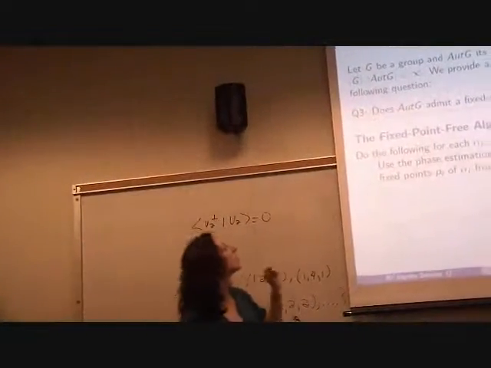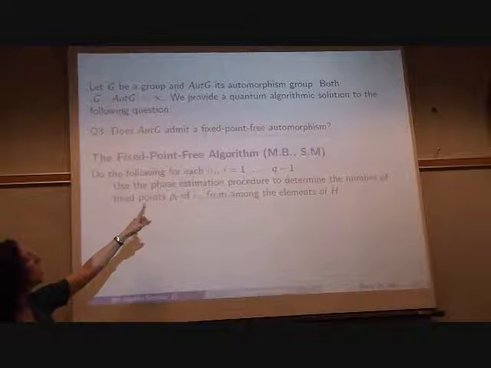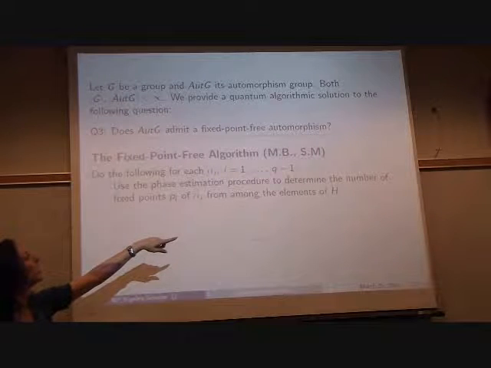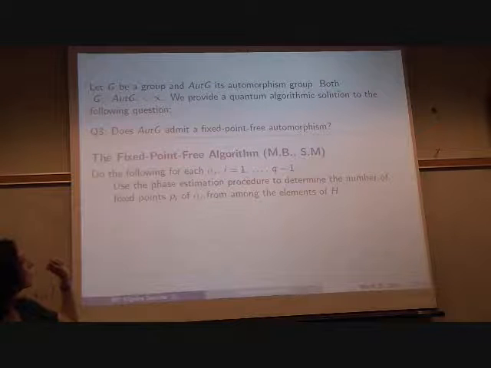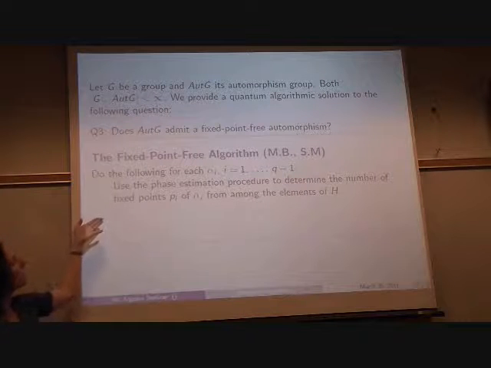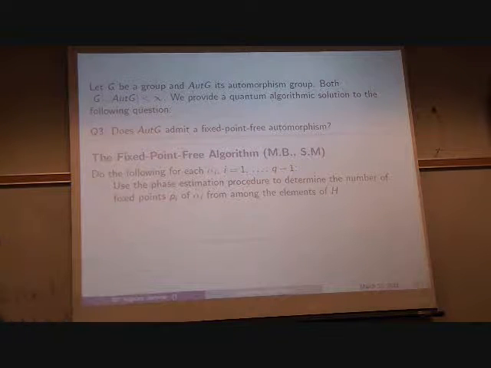So it's a different search. So we're saying for each automorphism, we're looking for the fixed points of it, not the other way around, like in the previous search procedure. So we're going to use this phase estimation algorithm to determine the number of fixed points from among the elements of H.